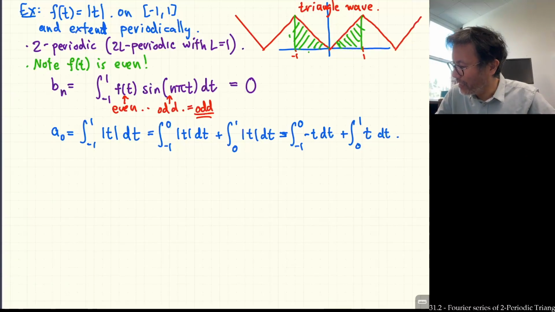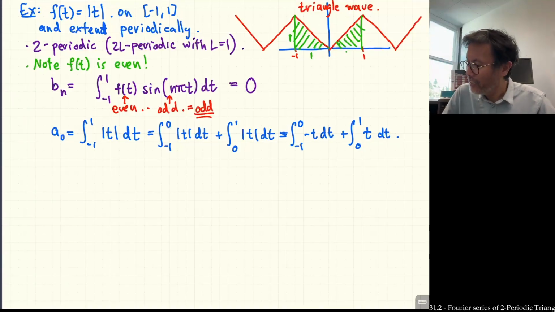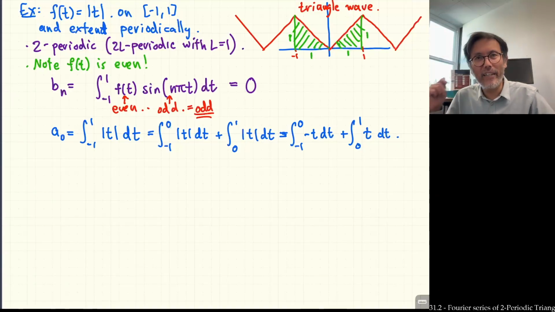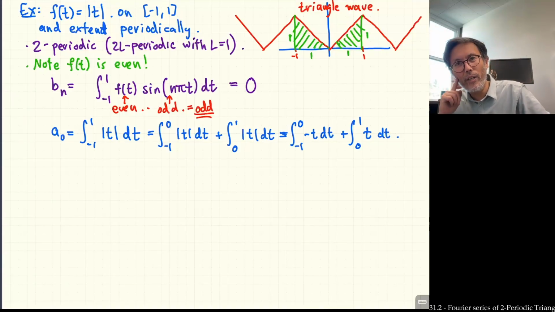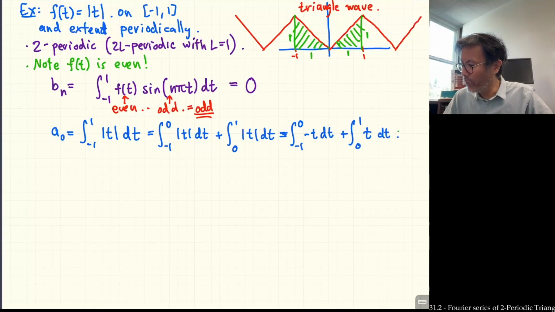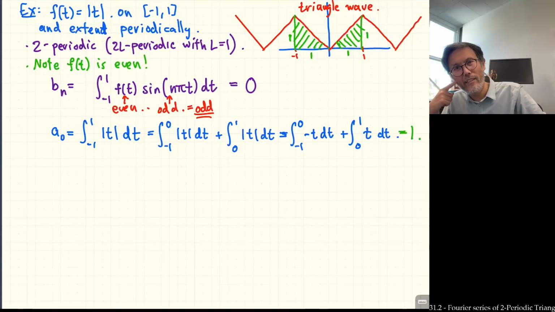I don't know how you feel about them, but they're great. They're easy to understand. They have edge lengths 1, okay? Each of them has area 1/2. So what is this integral equal to? It's equal to 1/2 plus 1/2, which is 1.